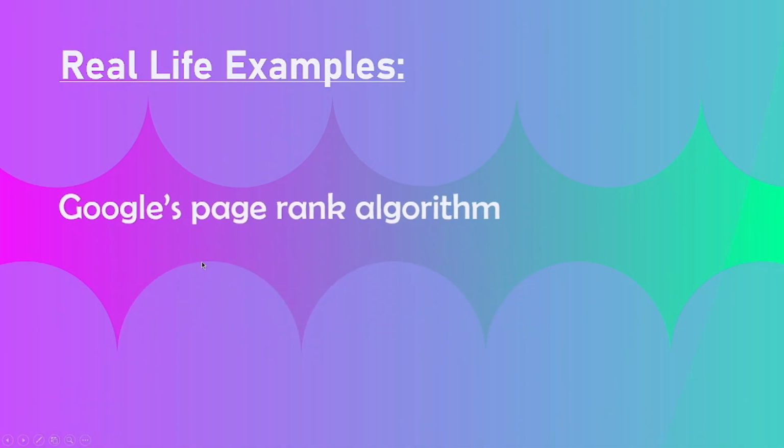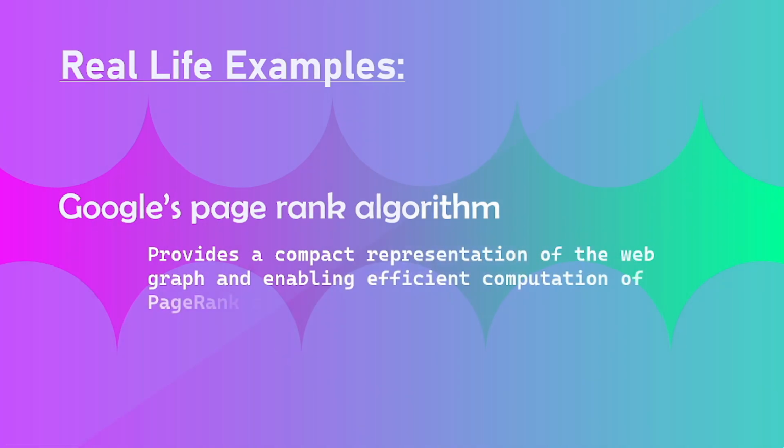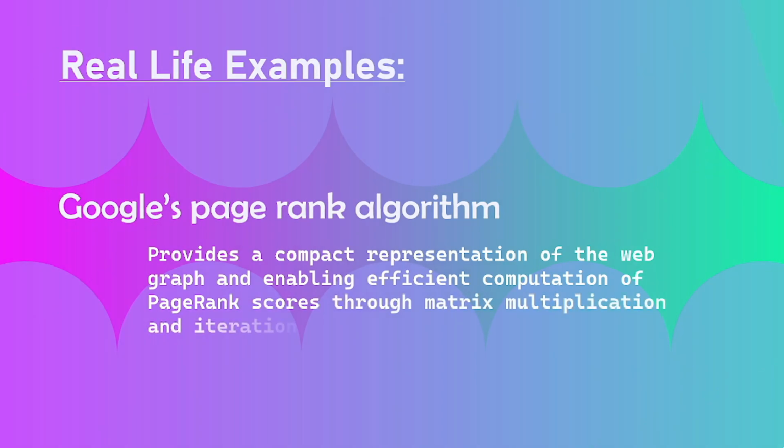Matrices play a crucial role in Google's PageRank algorithm by providing a compact representation of the web graph and enabling efficient computation of PageRank scores through matrix multiplication and iteration.